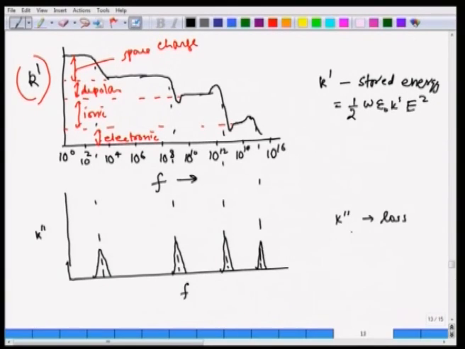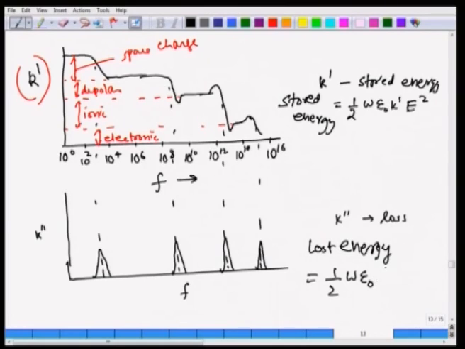And the lost energy would be equal to half omega epsilon naught, K double prime plus sigma, where sigma is the DC part and K double prime is the AC part, times E square. This is the lost energy.